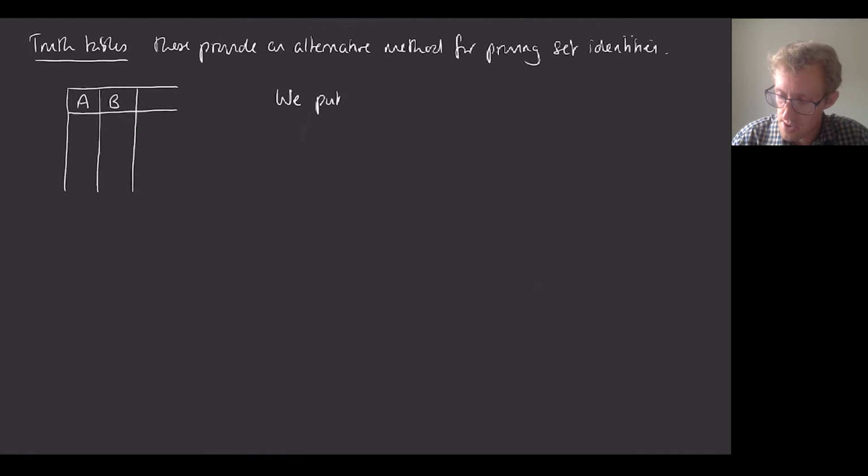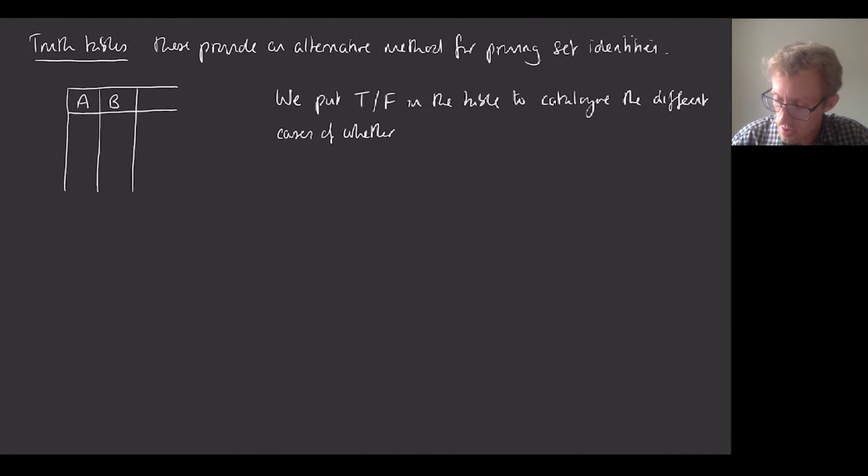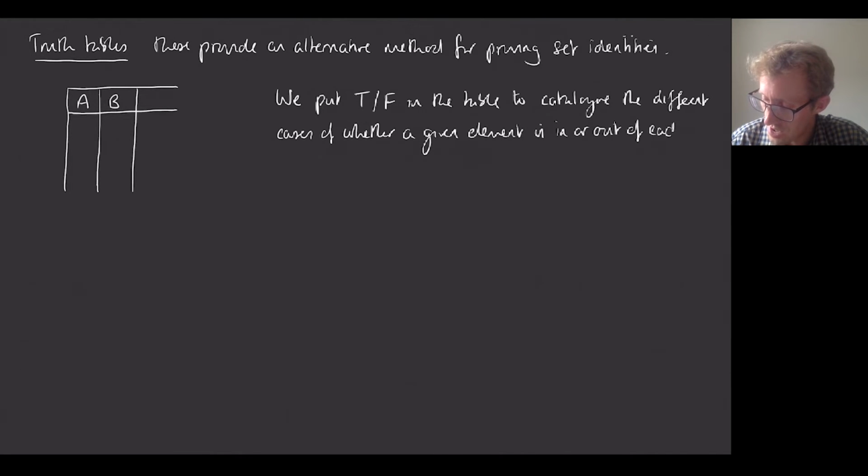So we're going to put in a T or an F for true or false in the table to catalogue the different cases of whether a given element is in or out of each set.